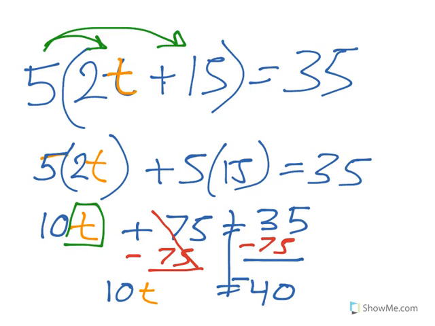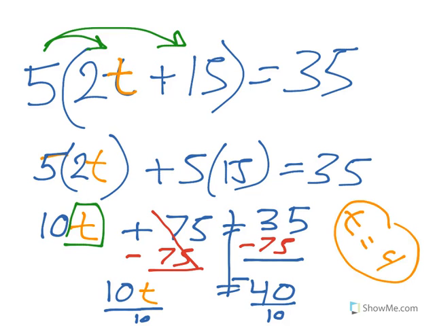And now what do you do with the 10? What's the inverse of multiplying? Dividing. So you divide. What's 40 divided by 10? 4. So t equals 4. Got it?